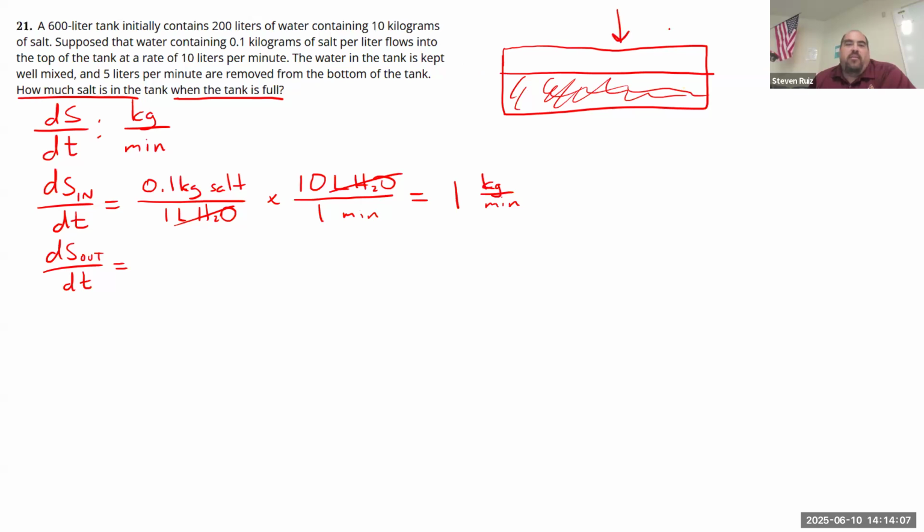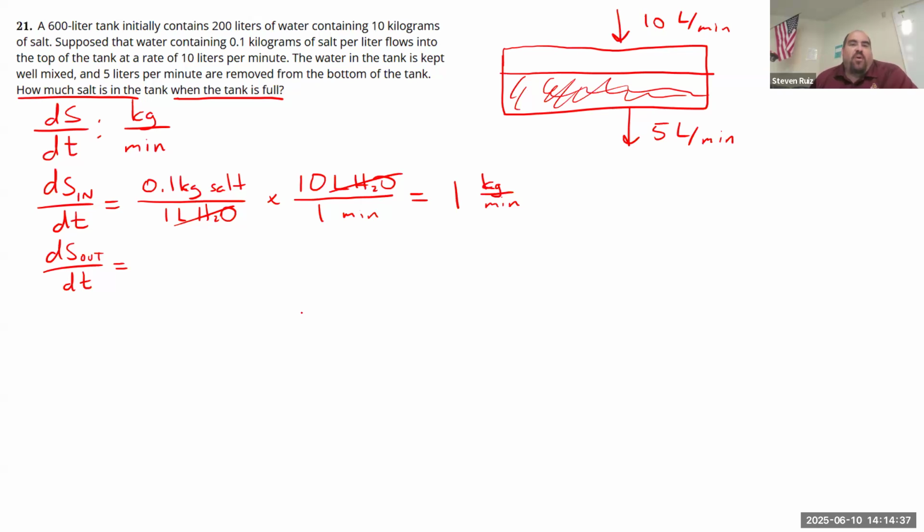What's the rate of water coming in? 10 liters per minute. What's the rate of the water coming out? That is 5 liters per minute. Which means every minute this tank is gaining 5 liters of water, which is going to be an important piece for figuring out the rest of this equation.